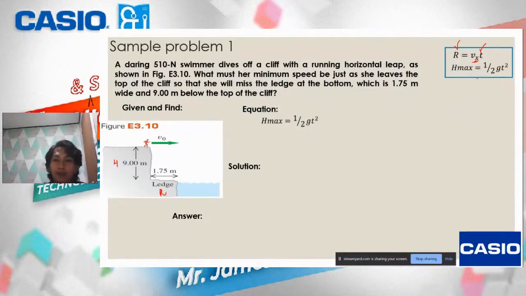Meron ba tayong maximum height? Yes, meron tayong maximum height na 9. Meron ba tayong G? Meron. Which is given. Meron ba tayong time? Which is yun yung hinahanap natin. Okay? So, itong gagamitin nating equation. So, we need to manipulate this one like what I've mentioned kanina para makuha natin yung time. Okay? So, to do that, yan ang ating magiging equation.